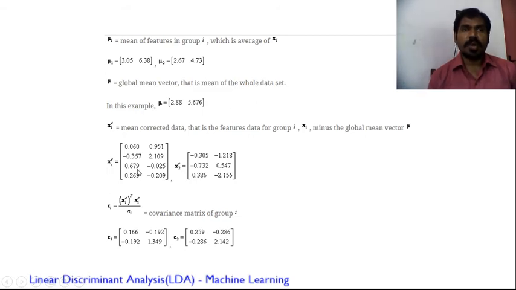I get x1 naught and x2 naught. Then I find the covariance matrix, C1 for x1 naught. How do I find it? I take the first column of x1 naught, multiply it again with the same values, add all the values, and divide by 7.